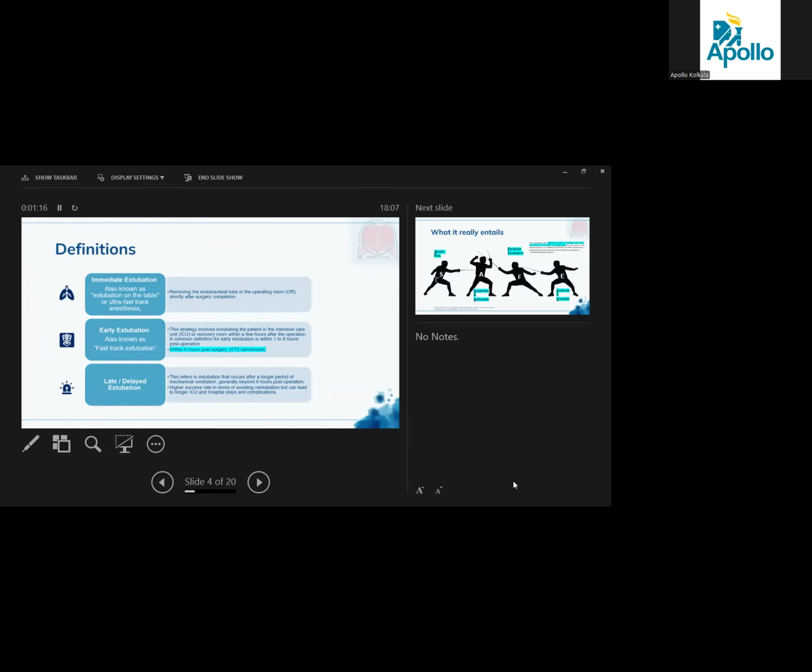So various definitions of extubation types: immediate extubation, early extubation, and late or delayed extubation, where within 6 hours is strongly recommended by STS, and any extubation beyond 21 hours of the surgery is associated with high mortality, morbidity, and poor outcomes in terms of failure to treat as well.